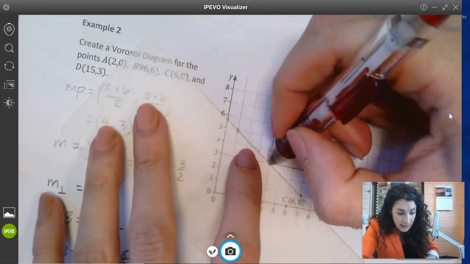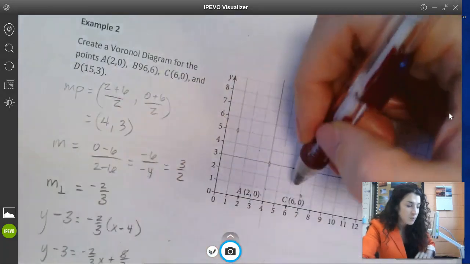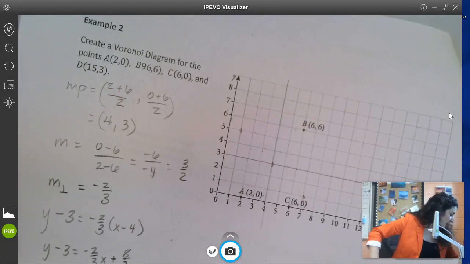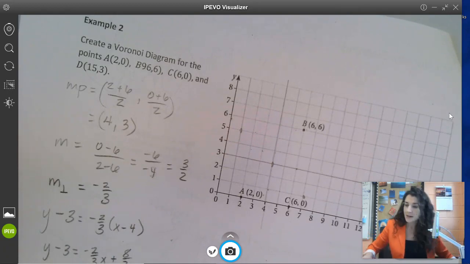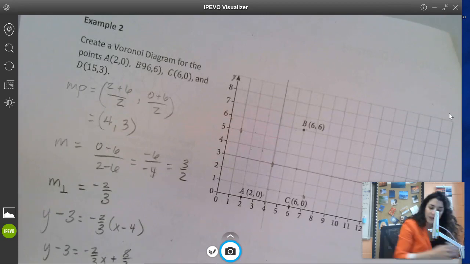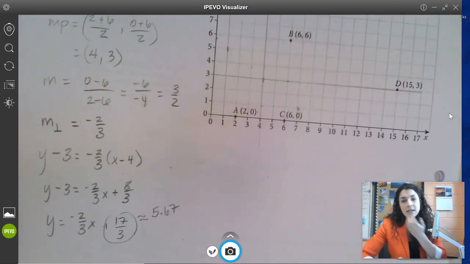I'm going to draw it in lightly. I'm going to just put the points and we're going to talk about this for a second. Realize in your Voronoi diagrams that we're trying to create cells around these sites, right?